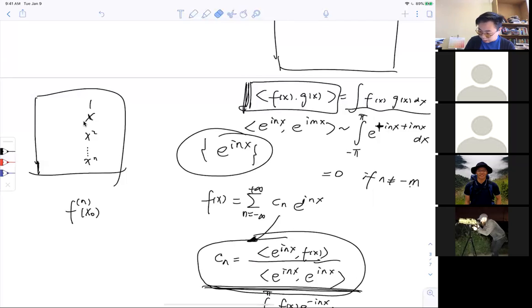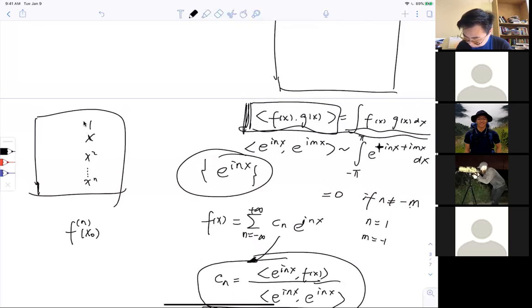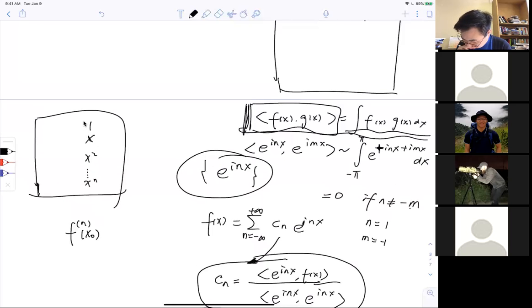For example, if n is 1 and m is minus 1, they correspond to different bases, and we want them to be orthogonal, but under this definition, they are not orthogonal. The result is non-zero. Yeah, this is a good question to ask, but I'm not sure.